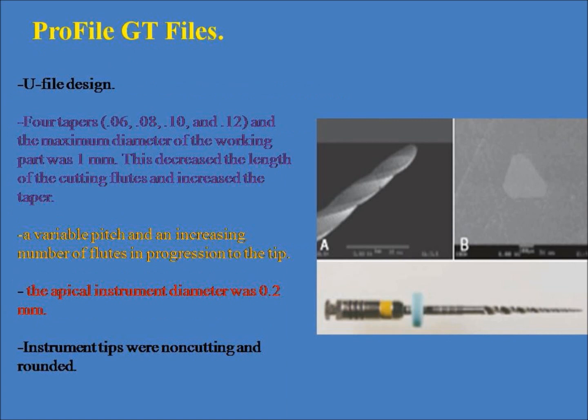Profile GT files. The greater taper files were introduced in 1994. This instrument also has the U-shaped file design. The instrument comes in 4 tapers, 0.06, 0.08, 0.10, and 0.12, and the maximum diameter of the working part coronally is 1 mm.